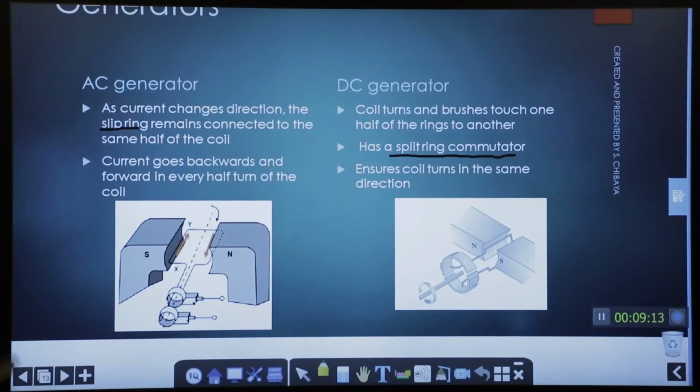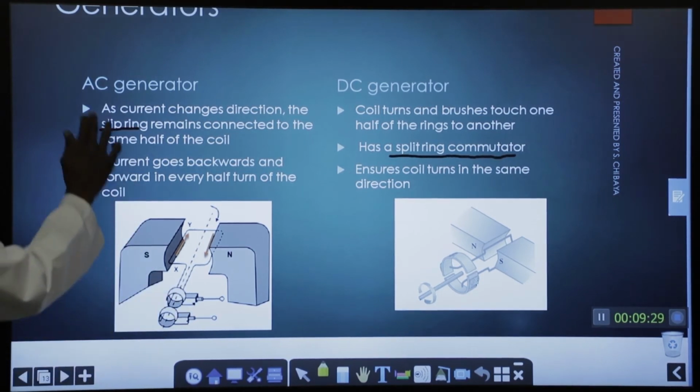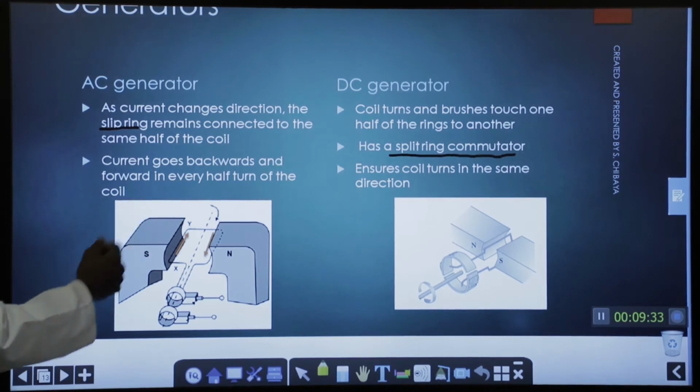All right, so as I had said earlier on, generators change direction. As current changes direction, the slip rings remain connected to the half of the coil. That is the slip rings here. For an AC generator, current goes back and forth in every turn.